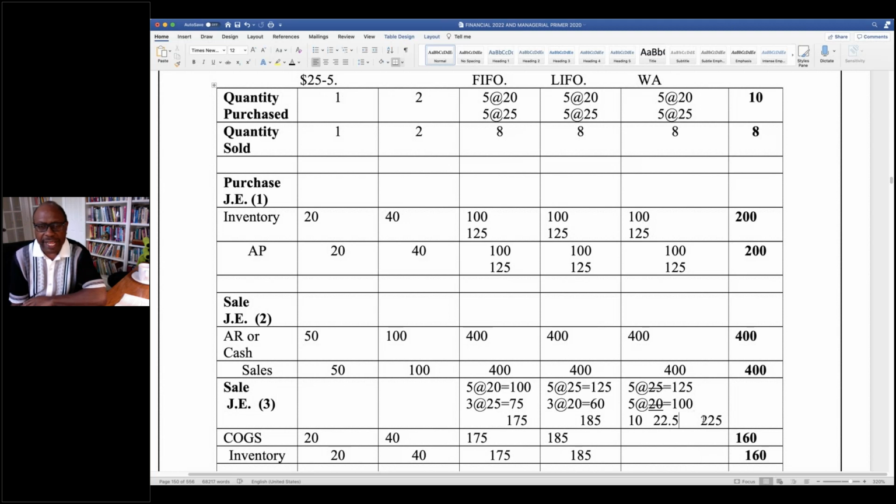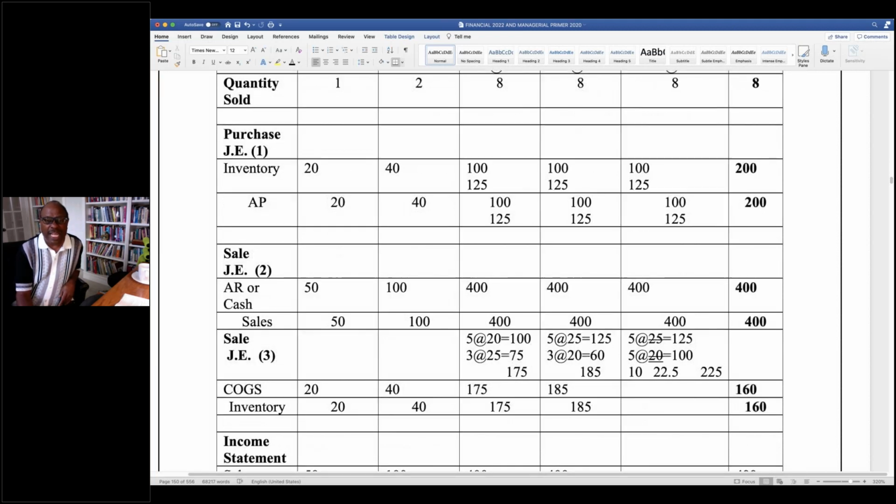And then we have 10 times 22.5. So 22.5 is the unit cost. So when we get that ready to make this entry down here, we're gonna have 8 at 22.5. So what's 8 times 22.5? I just kind of showed you how to calculate it. We sold 8. What's 8 times 22.5?